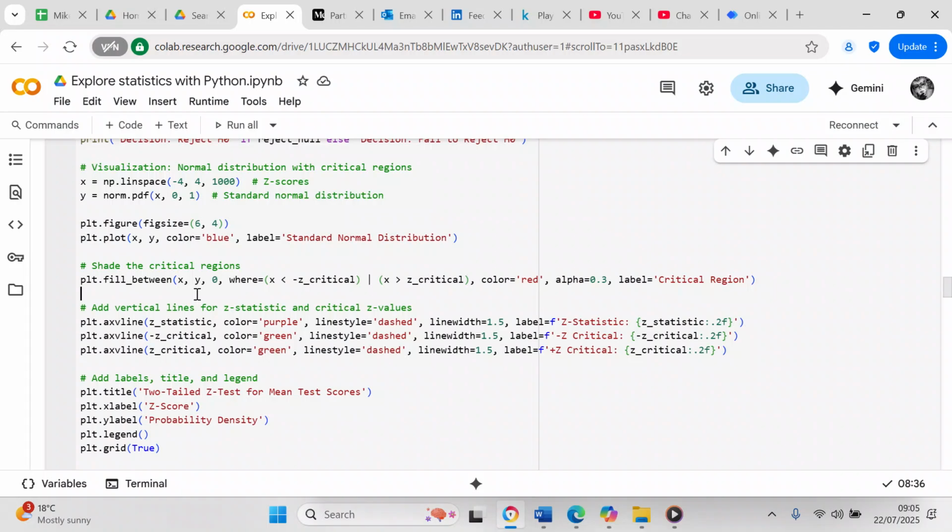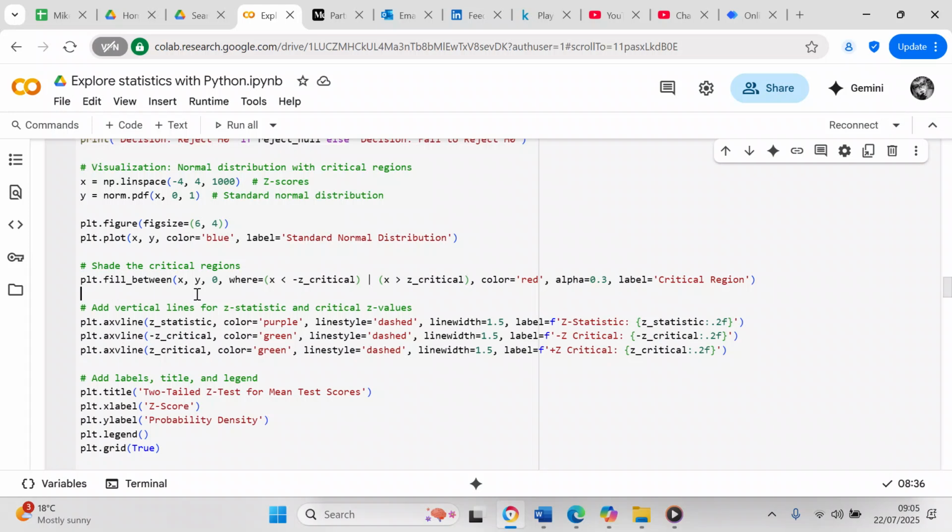And now we add our vertical lines for the z-statistic and the critical z values. So plt.axvline brackets z-statistic, color equals purple, linestyle equals dashed, linewidth equals 1.5, label equals z-statistic.